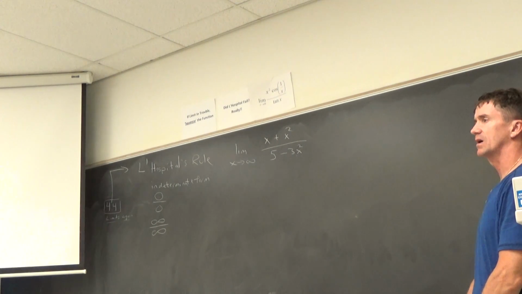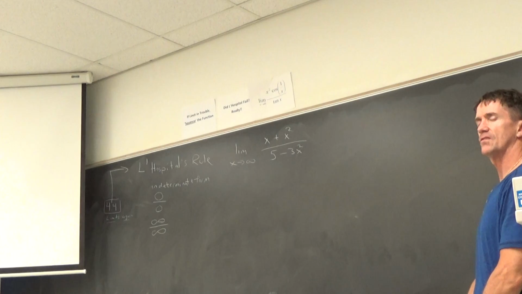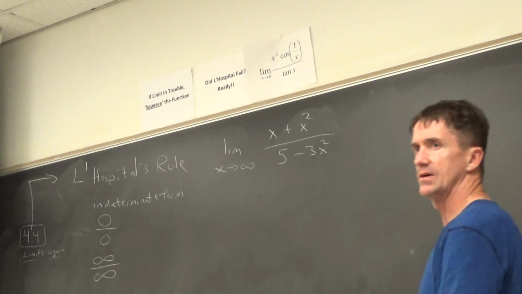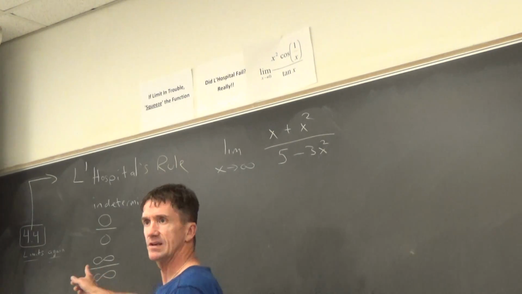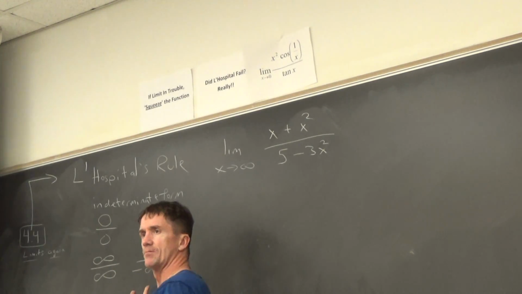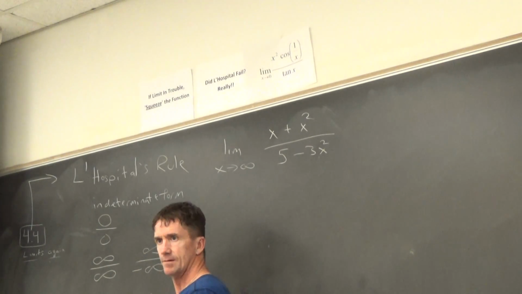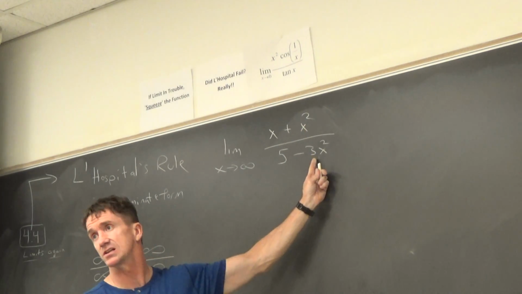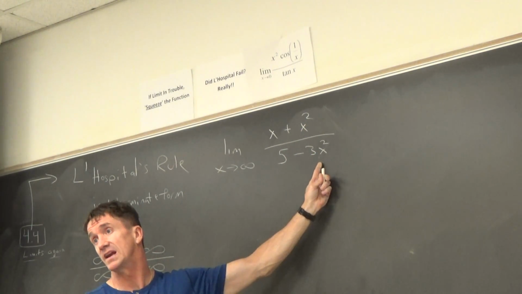x plus x squared, infinity plus infinity squared, over 5 minus 3 times infinity squared. It sounds like I get an infinitely large number over a negative infinitely large number. So that's also an indeterminate form: something approaching infinity over something infinitely large but negative.